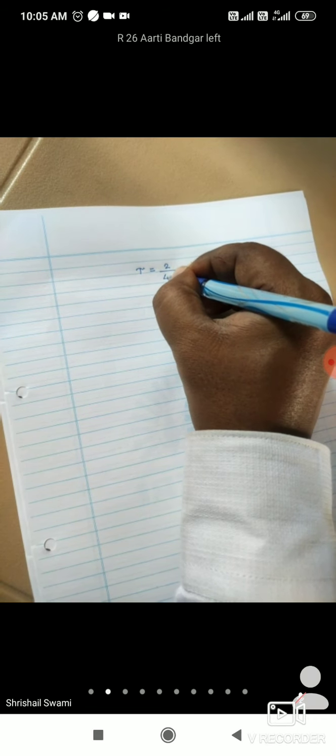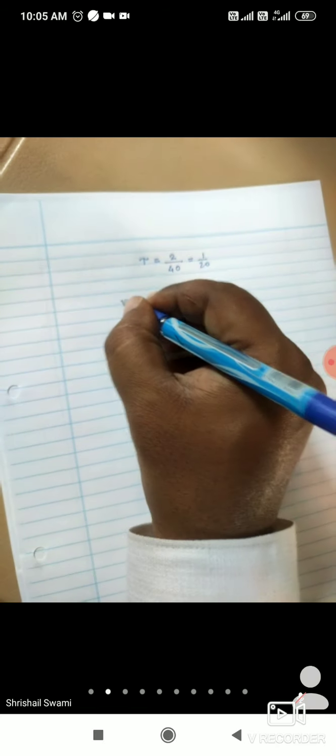Tau is equal to L by R equivalent. L is 2 divided by this 40. So this is 1 by 20. So 1 by 20 second, because the unit of time constant is always second. Now the third step is over.